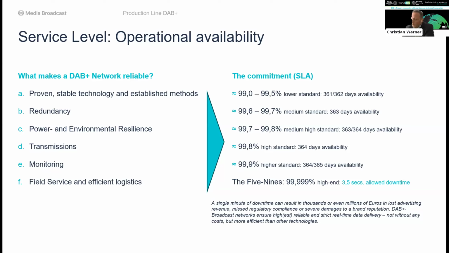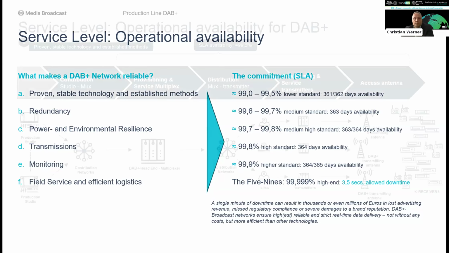It depends on how much you invest in the single components, but a single minute of downtime can result in thousands or even millions of euros in lost advertising revenue, missing regulatory compliance, or severe damage to your brand.